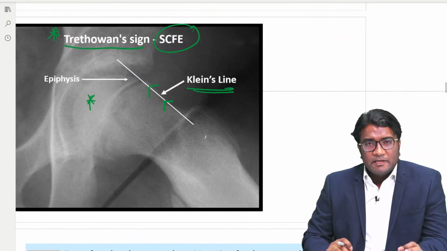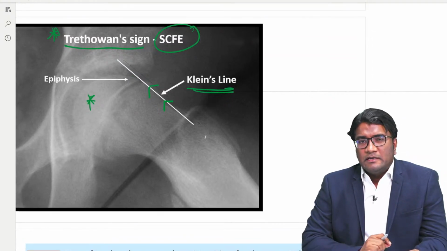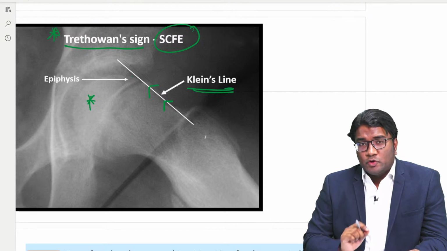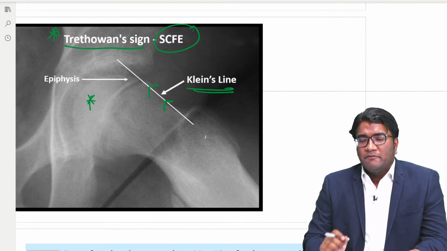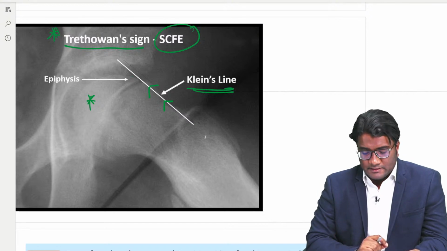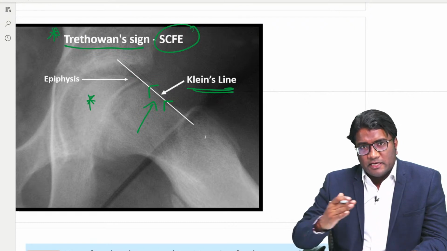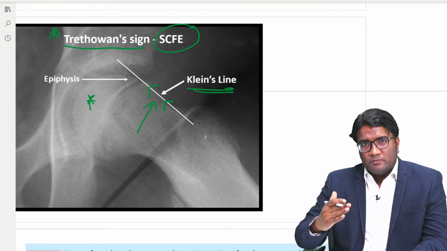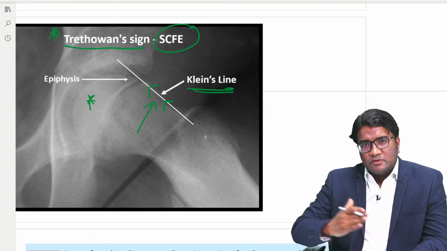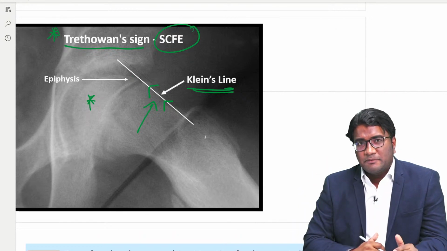And slipped capital femoral epiphysis: you draw a line from the superior border of the neck of the femur, and it should normally cross the epiphysis. If it is not crossing the epiphysis, that is called a slipped capital femoral epiphysis. It is actually the metaphysis that overgrows at times of puberty, with excess growth hormone or some endocrine problems. So the metaphysis overgrows and the epiphysis appears to be slipped.